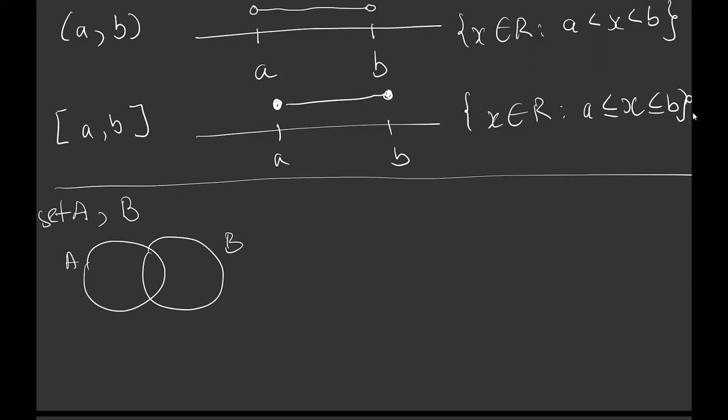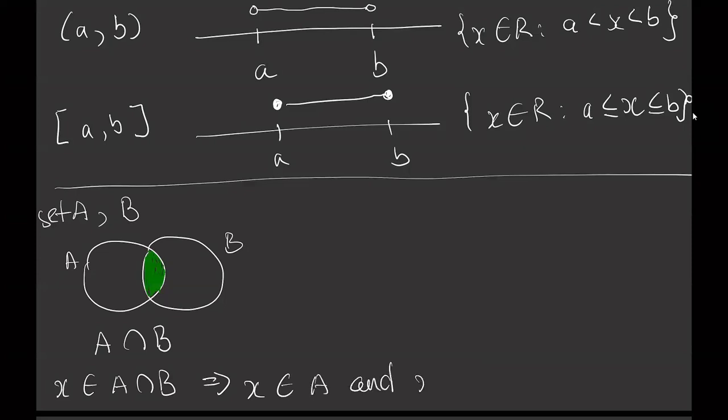This one is A, this one is B. Then the set that I color green here is called A intersect B, which means if X is in A intersect B, we know X is in A and X is in B. So two conditions have to be satisfied at one time.